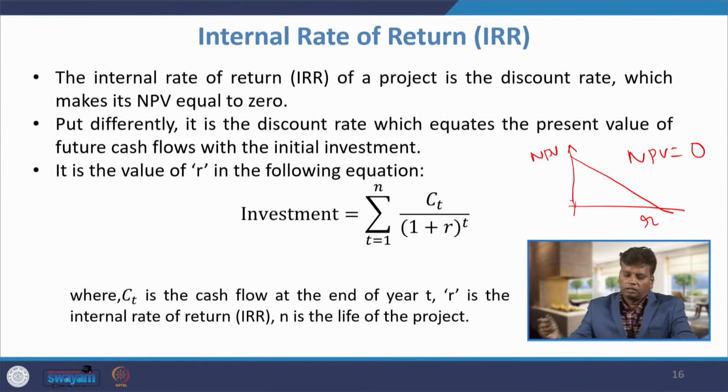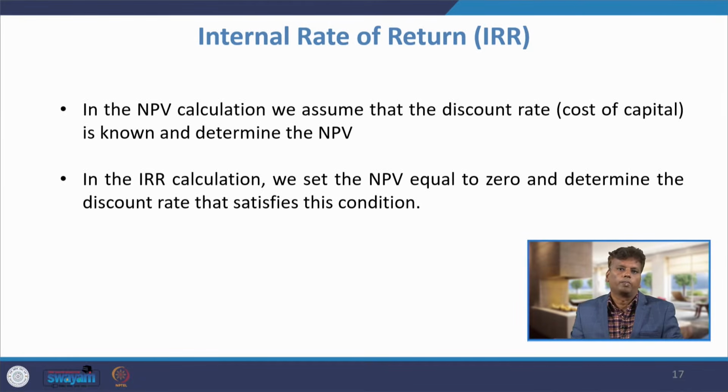What interest rate will bring your present value to the investment? That interest rate is nothing but the internal rate of return. In this equation, CT is the cash flow at the end of year T, and R is the internal rate of return. Here the objective is to find the value of R, otherwise the interest rate that will make the net present value equal to 0.